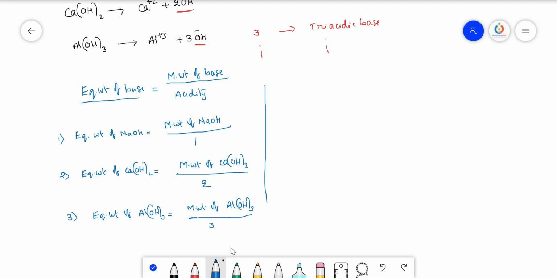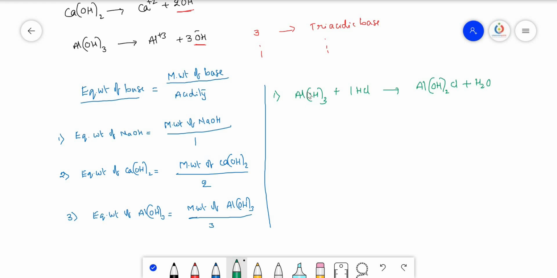Now, let us take another chemical reaction as an example. See here in the first example, aluminum hydroxide, just imagine, reacted with 1 mole of HCl, so that we got Al(OH)2Cl plus H2O.